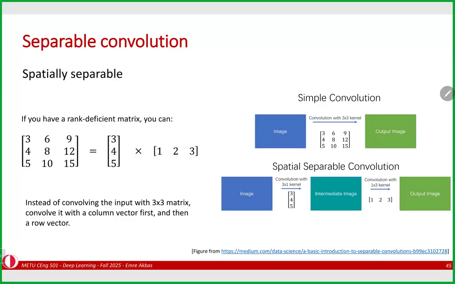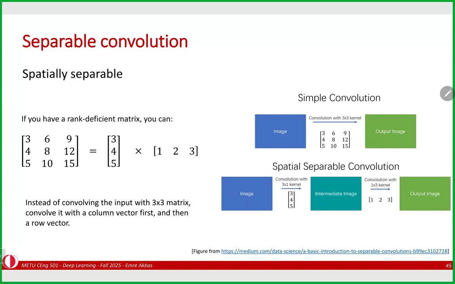So the columns are not linearly independent. This is a 3 by 3 matrix, but its rank is 1 because the number of linearly independent columns is just 1. In that case, you can write such a matrix using an outer product of a vector times a transpose vector.